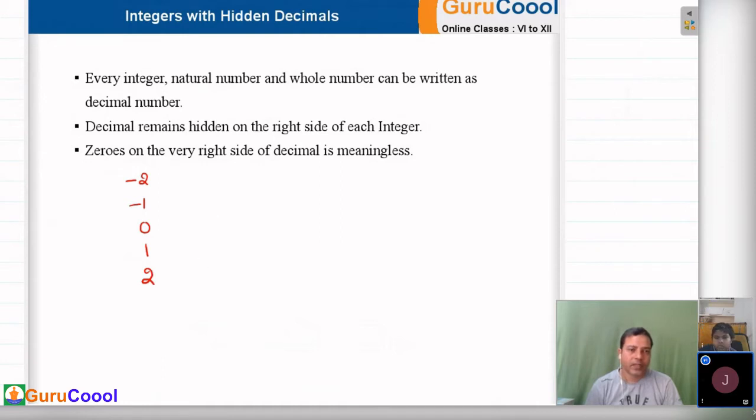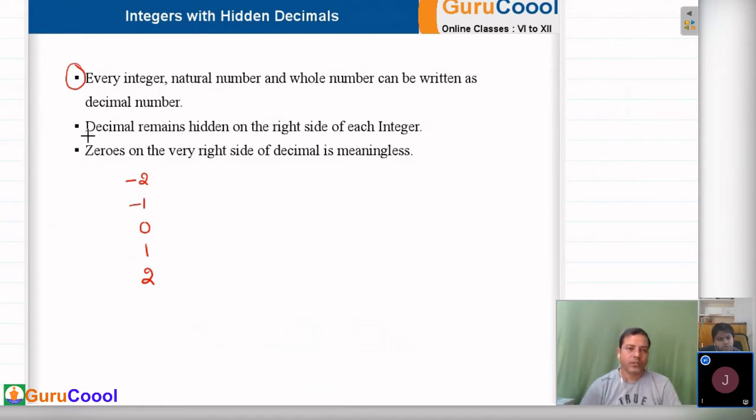Now tell me, do you see a decimal in these numbers? No, sir. Read the first point. Every integer, common natural numbers and whole numbers can be written as decimal numbers.